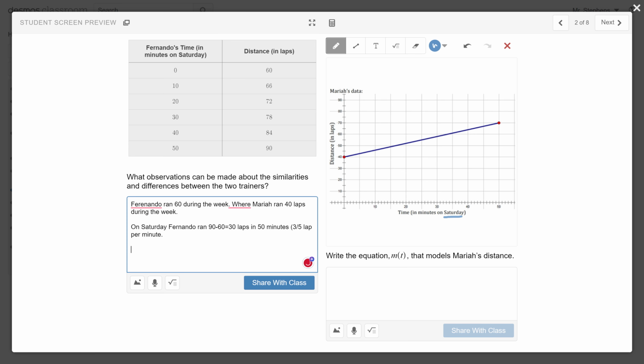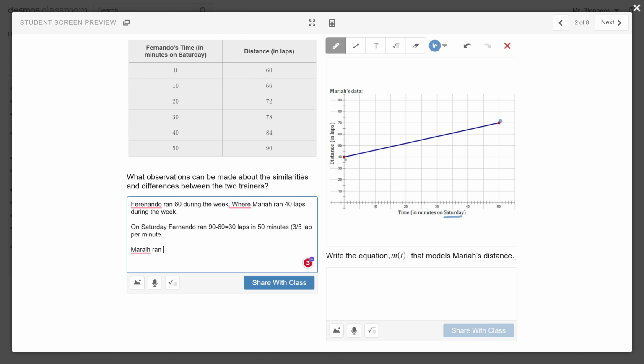So that would be his slope, right? If we drew that line, that's what that slope would be: 3/5 of a lap per minute. And Maria ran, so she goes from 40 to 70.